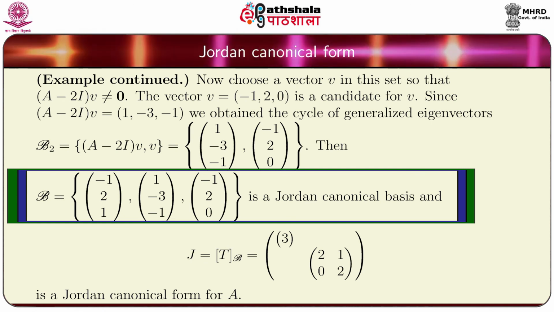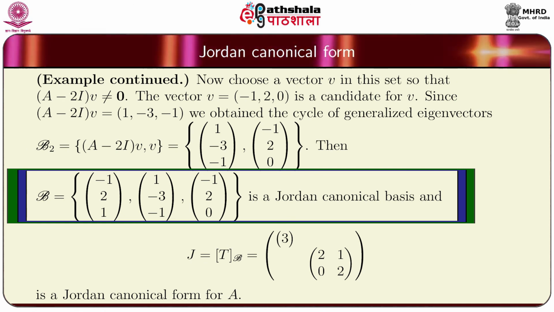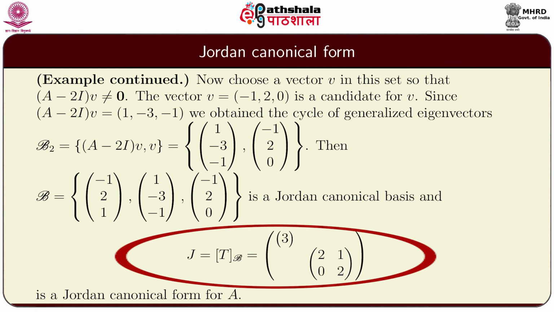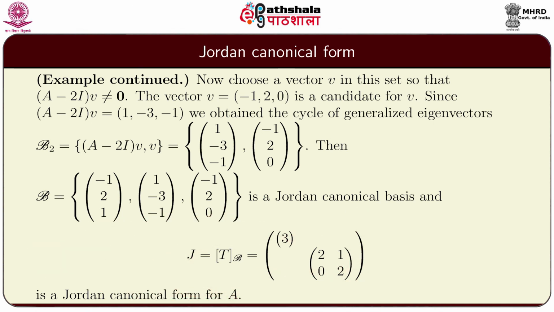Then B, which is a set of these three vectors minus 1, 2, 1, 1, minus 3, minus 1 and minus 1, 2, 0 is a Jordan canonical basis, and the Jordan canonical form for the operator is J, where you can see two Jordan blocks. One is that 1 cross 1 block given by 3 and the other one is 2, 1, 0, 2.